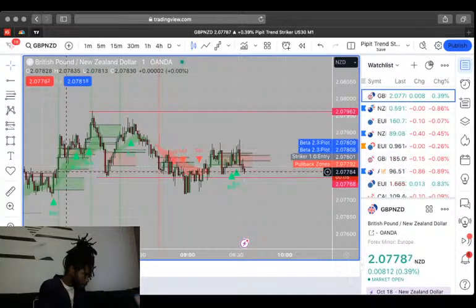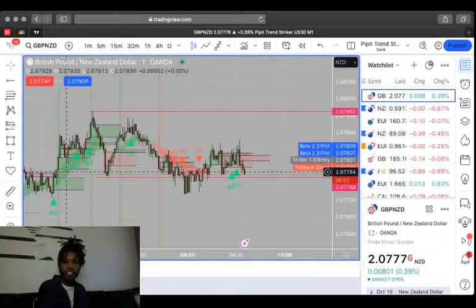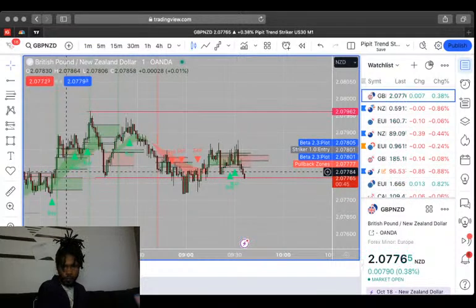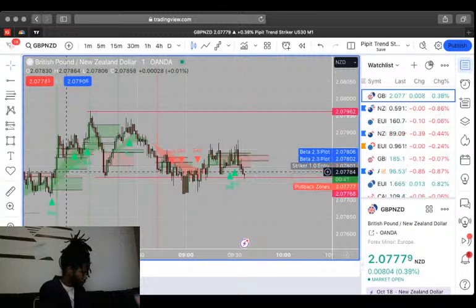Alright, excuse me, I'm just trying to get this set up real quick. I see a setup happening over here on GN. Twenty pips.